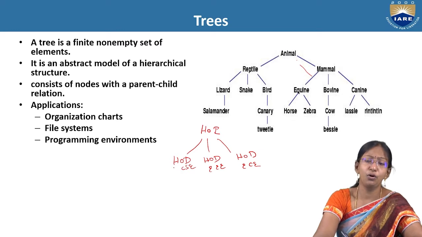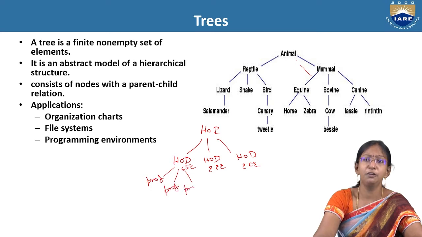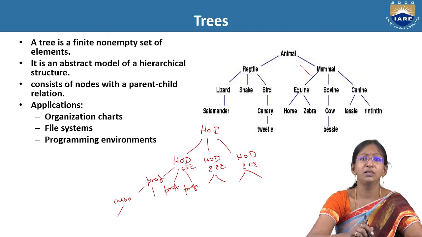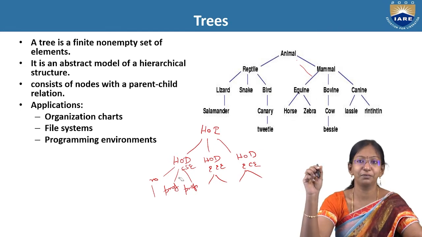Under the HOD of CSE, they have professors. Similarly for EEE as well as EC also, under each professor we have associate professors, under associate we have assistant. This structure goes on. See, I have given the basic organization of our organization.